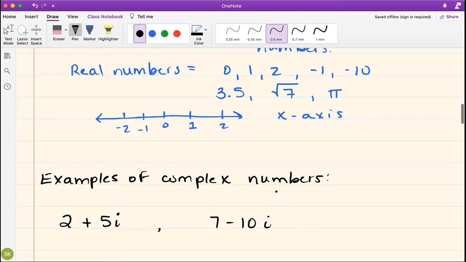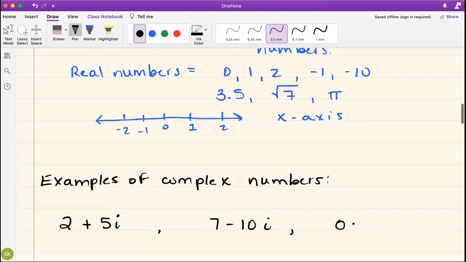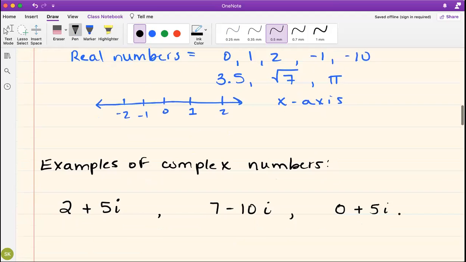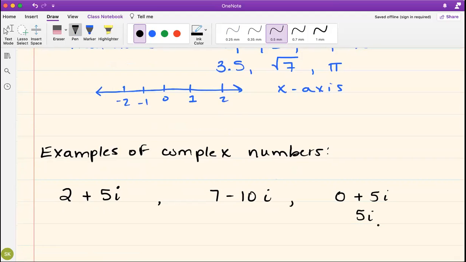Now, something else we could have is we could get rid of this piece because we can make it a 0 because 0 is a real number. So 0 plus 5i, or just 5i, that's a complex number. We could also make the imaginary part 0.